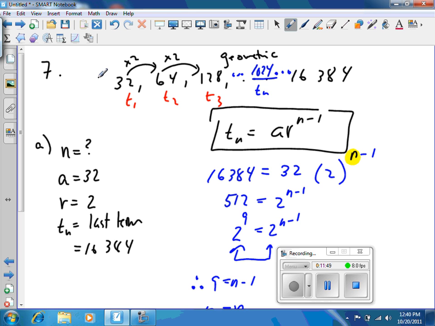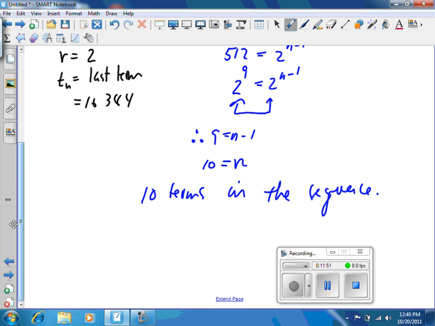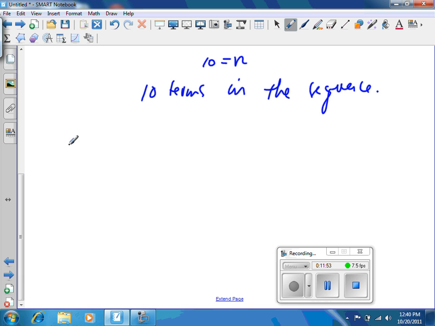Okay, so in order to do this one, let's write down what we know. It's always good to write down what you know. Do we know a? The first term is 32. The ratio is 2. It's asking which term in the sequence is 1024. We don't know which term it is, but we do know that the term that we're looking for is 1024.